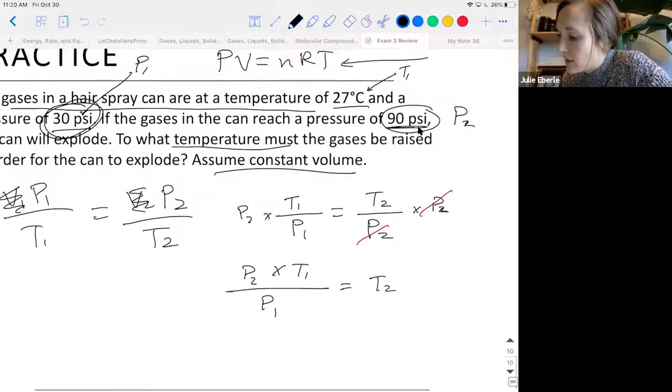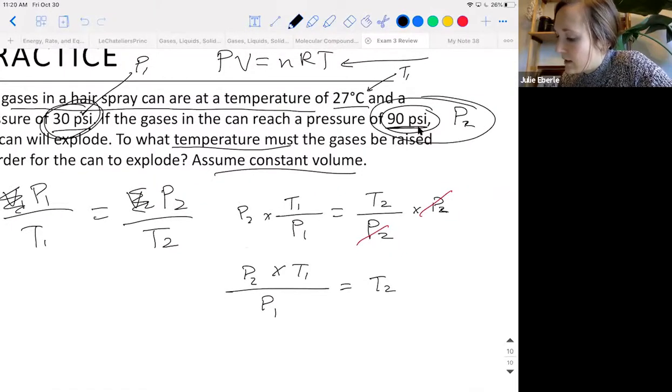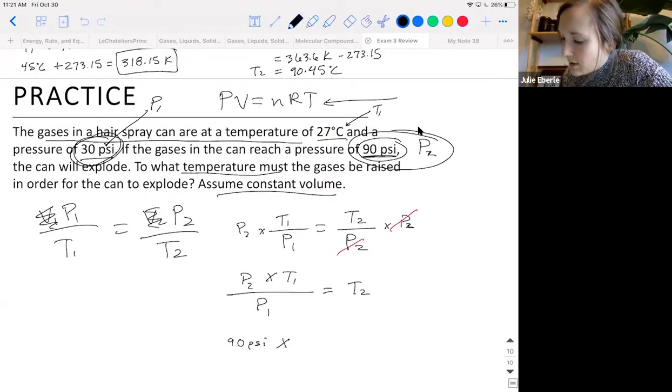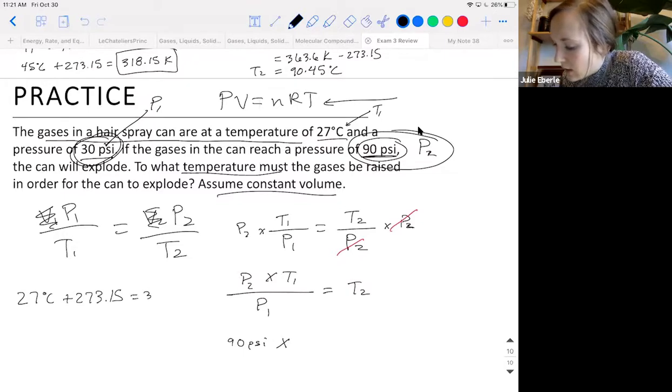So now we're just going to plug in. Where is my final pressure? 90 psi. That's P2. So 90 psi times, we have to convert to Kelvin. Our initial temperature is in Celsius, so 27 degrees Celsius plus 273.15, and you get 300.15 Kelvin.